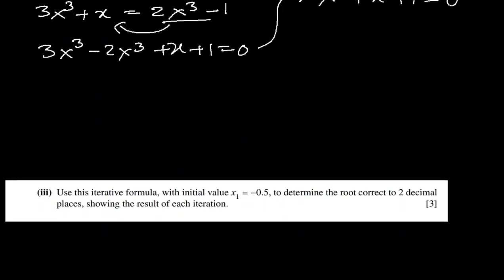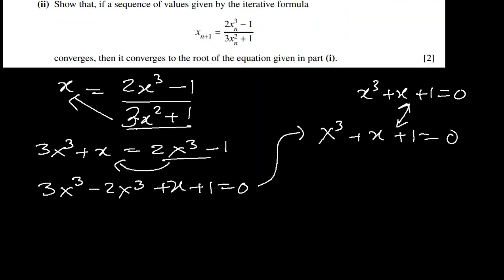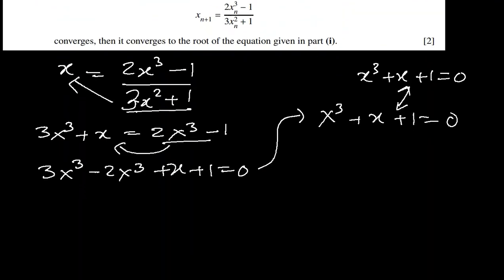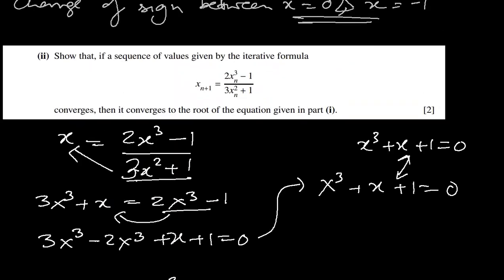And next they're asking to find the value of x by starting with x1 equal to minus 0.5, and this is the iterative formula we have. So let me write it here. x_{n+1} equal to 2x_n cube minus 1 over 3x_n square plus 1.